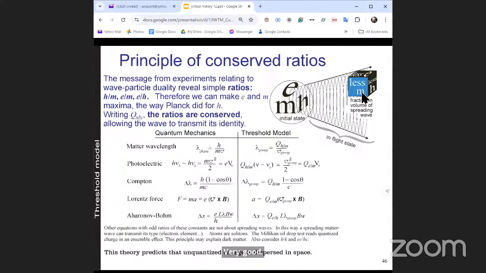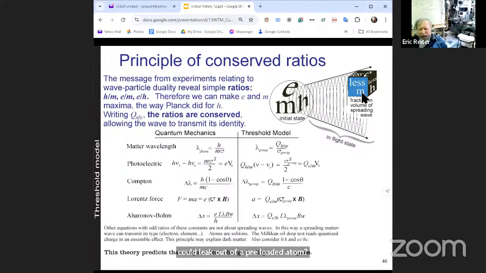Great. So moving on to another question. Neil asks, Eric, does the threshold model suggest that energy can leak out of a preloaded atom? Yeah. Well, I don't expect to be able to suck energy out of nothing this way.